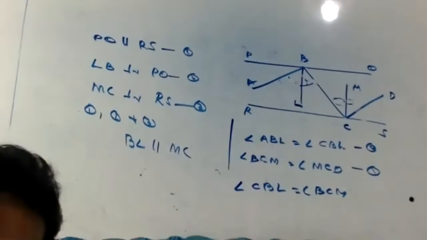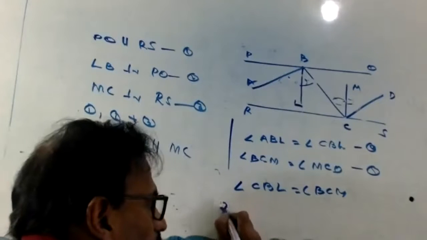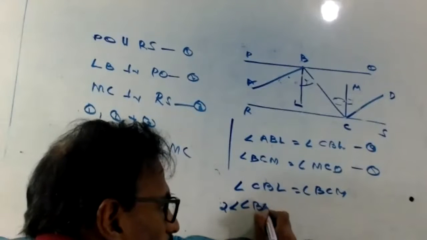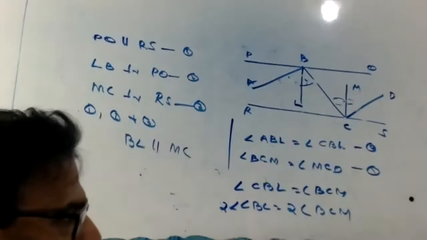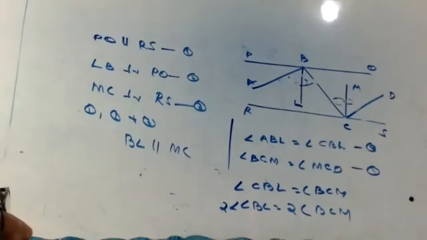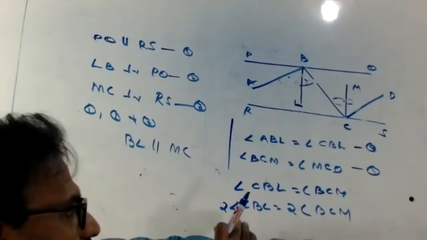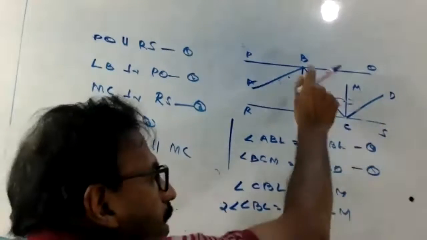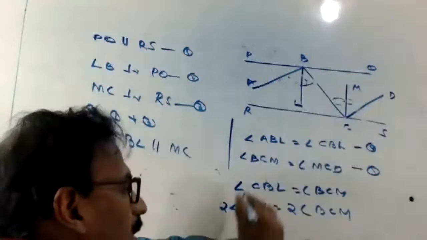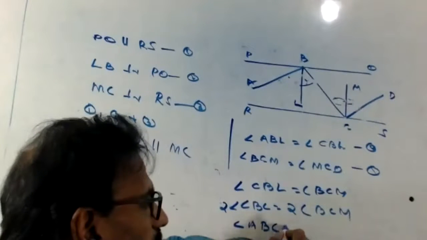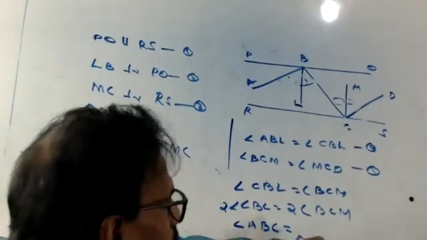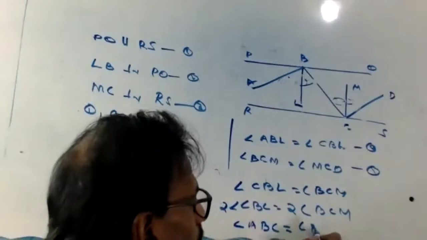Then next line. 2 times angle CBL equal to 2 times angle BCM. 2 times CBL means angle ABC. 2 times BCM means angle BCD.